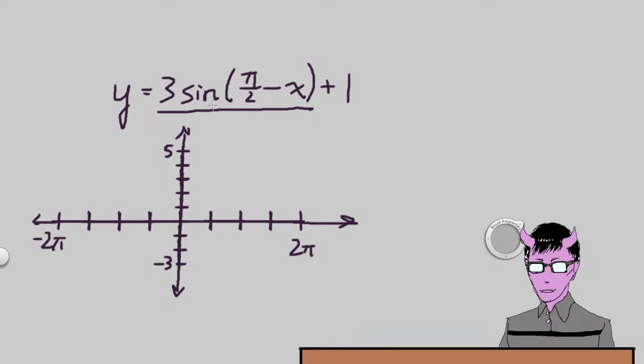So let's get to graphing the base sine function. Unfortunately, it looks a little funky, but we're considering 3 times sine of just x, not counting this one just yet. So start at the origin for the sine function. From the origin, we should hit the maximum, which happens to be 3. Each hash mark is 1 space, so the first movement should take us to 3 output right there.